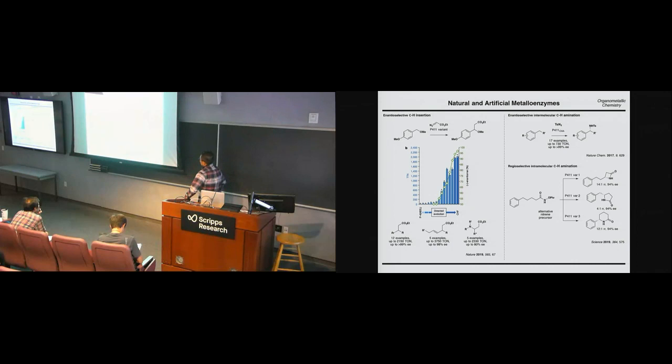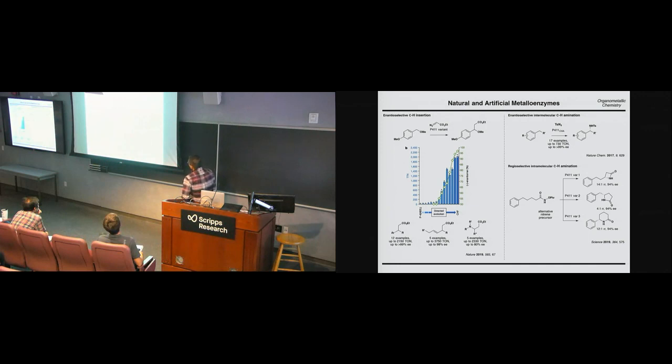And I think more recently, this is a pretty remarkable demonstration of the power of metalloenzymes for reactions that are hard to do using traditional small molecule catalysts. So they found that they can do ring-selective intramolecular CH amination by using the following nitrogen precursor.